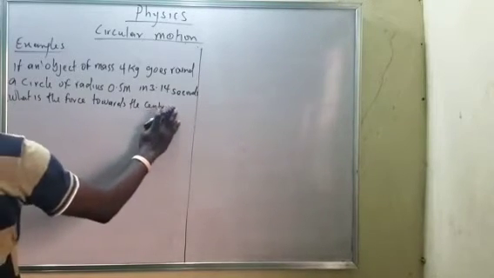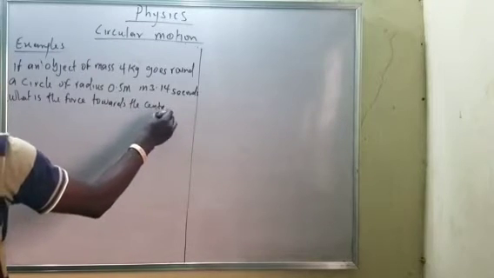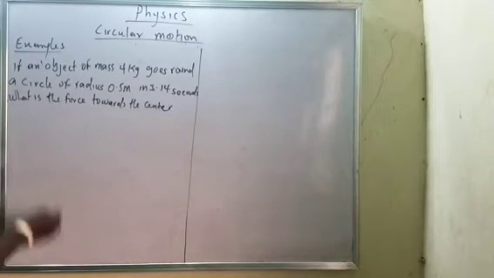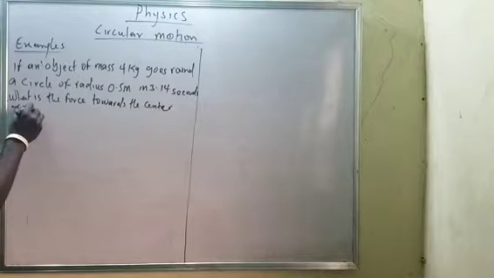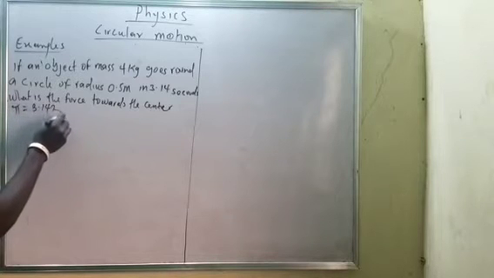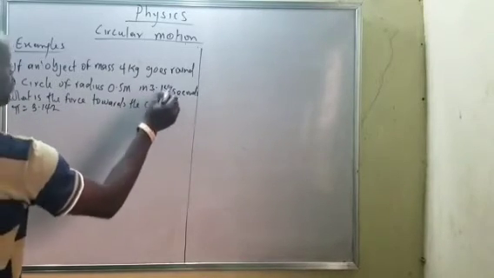Toward the center. Taking your pi as 3.142. Let me put this one, 3.142.